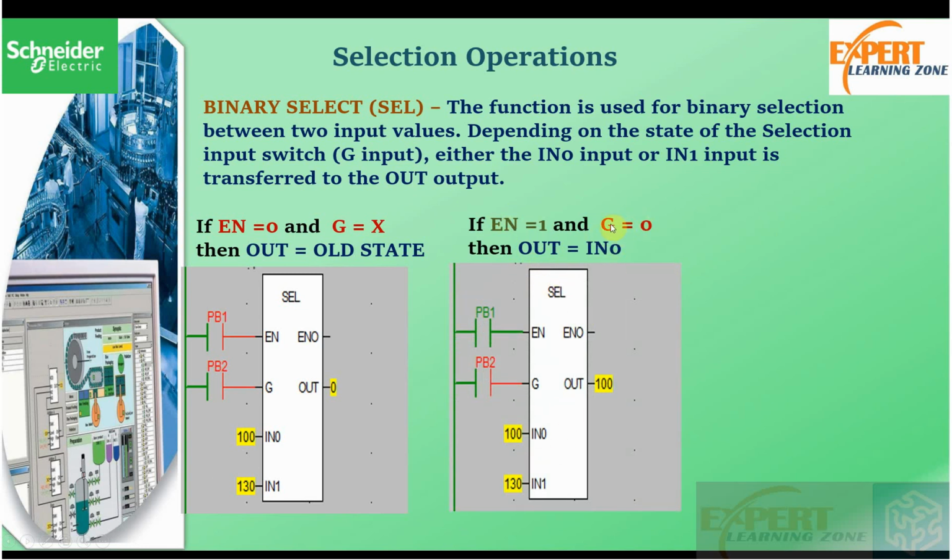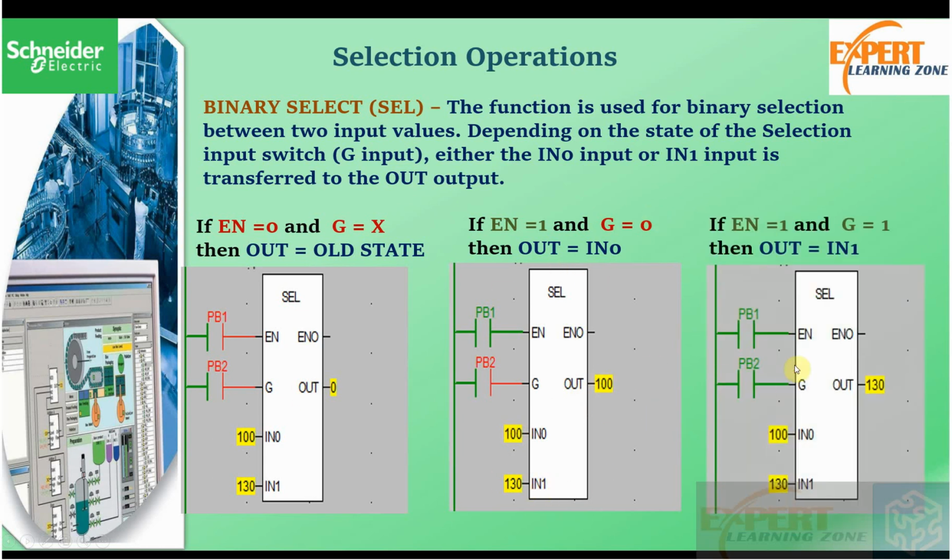If G is 0, then input 0 is transferred to the output, so you can see 100 moved to the output. And if G is 1, then the second input, input 1, will be moved to the output. So now G is 1, input 1 has been moved to the output. You can use this block when you want to select one of two values based on a certain condition. It is very easy to manage using the select block.